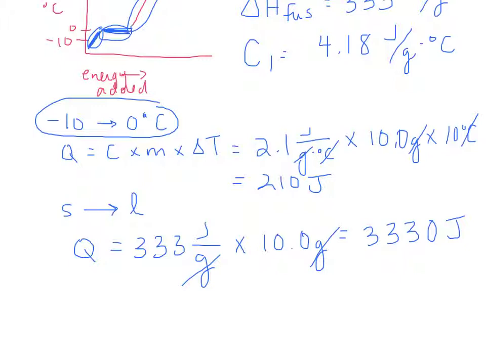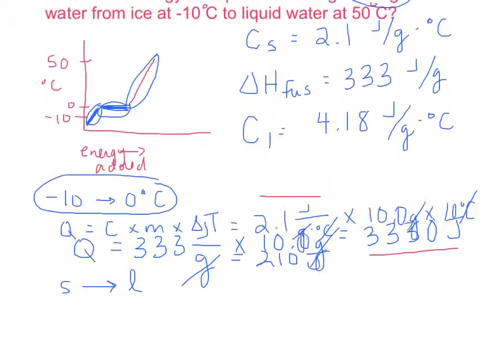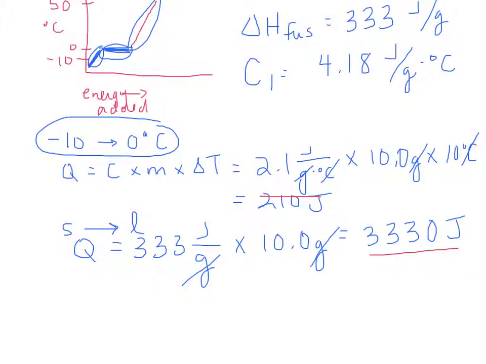All right, so far we have two values. We have the energy required to heat the ice from -10 degrees to 0 degrees. We have the energy required to melt the ice. And now, finally, what's our last part? Well, let's have a look again up here. Right here, this section is where we're going next. So we're going from 0 to 50 degrees Celsius.